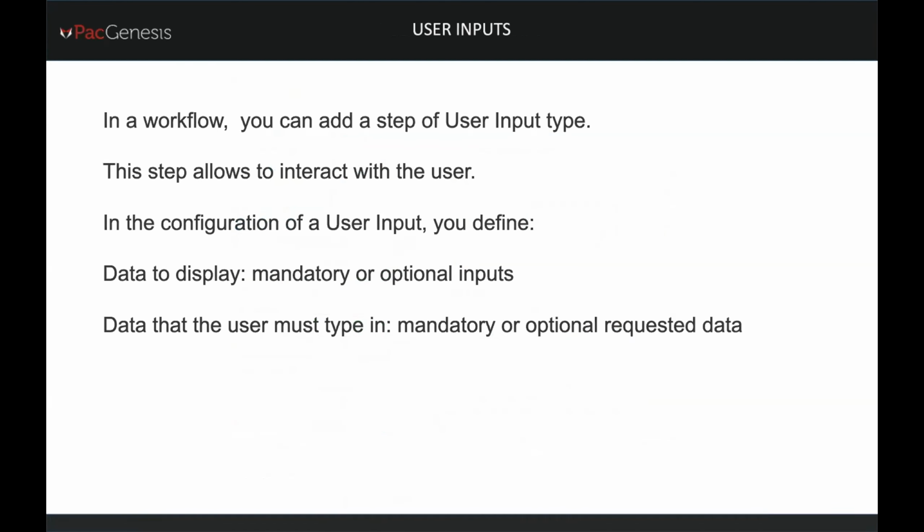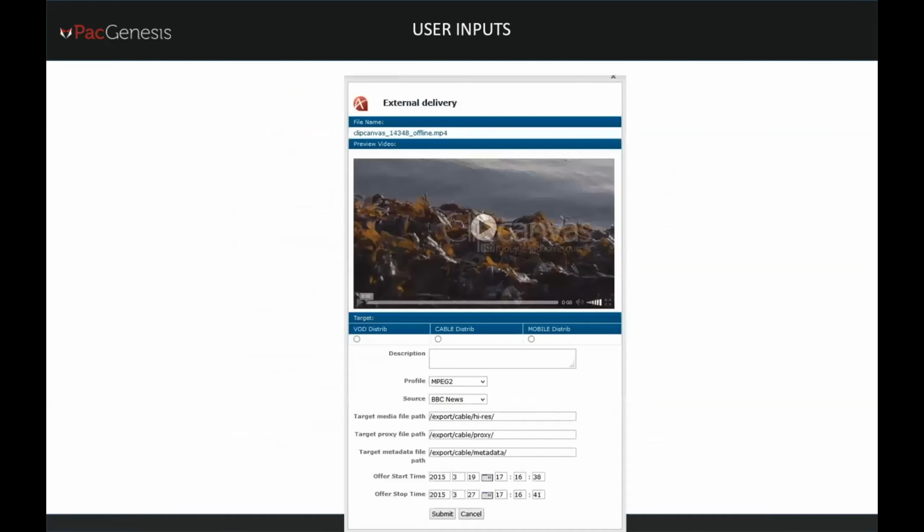And the last thing that I wanted to cover was user inputs. Automation is great, but sometimes you get to a point where an operator has to make a decision or do something to control the next step. And this is a cool user input.